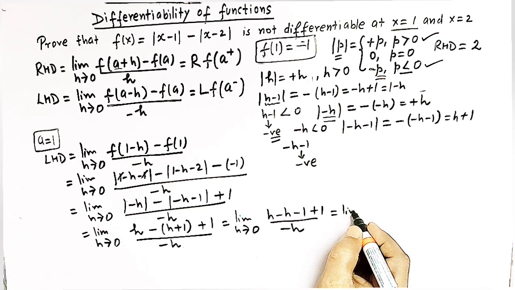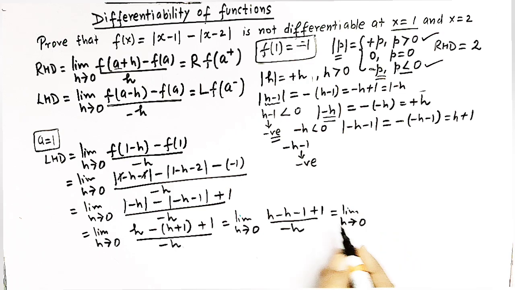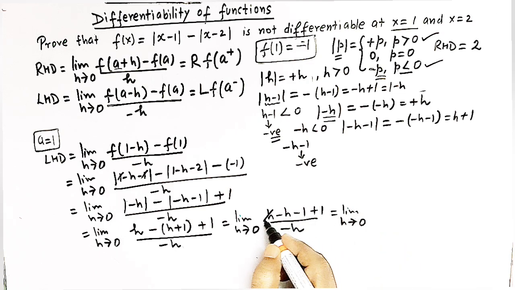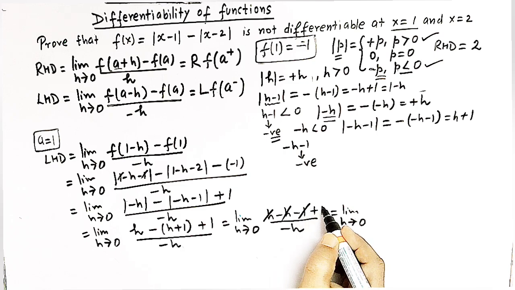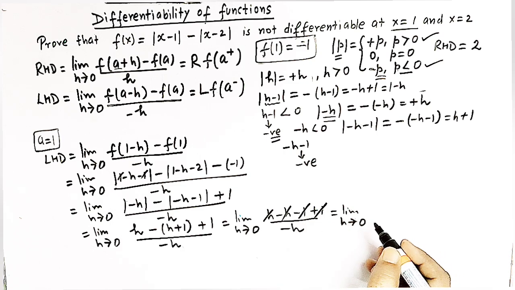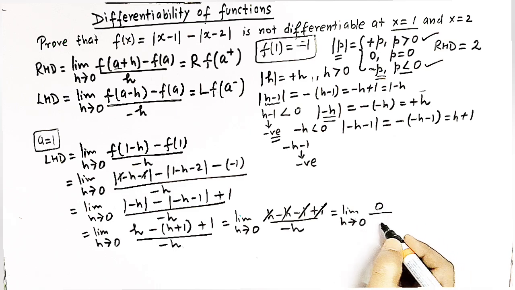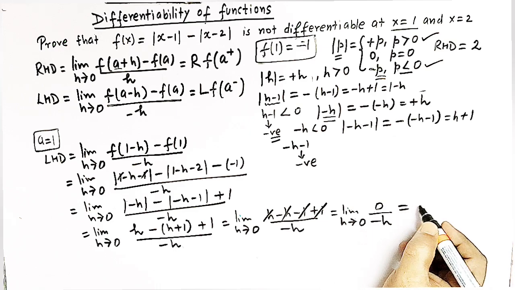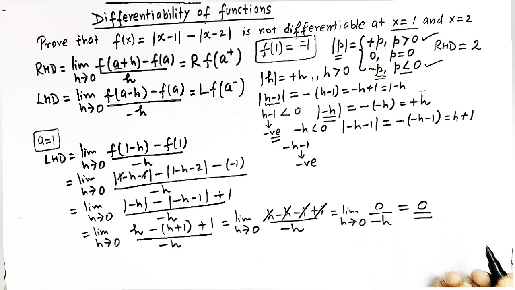Now we can see that the numerator is 0 because h and minus h get cancelled, 1 and minus 1 also get cancelled, and here we have 0 over minus h, that is equal to 0, right?